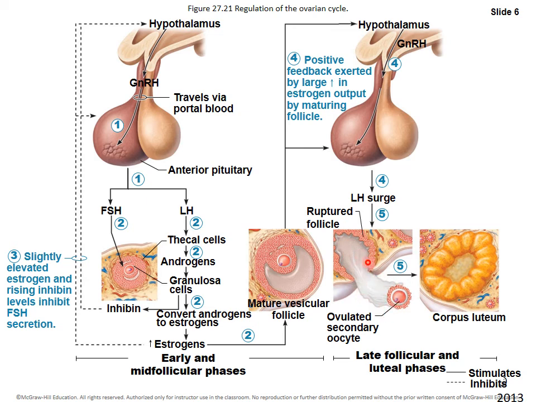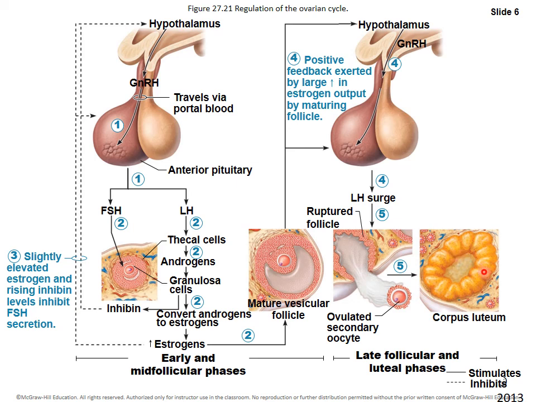And following ovulation, of course, the LH surge also stimulates the ruptured vesicular follicle to convert into a corpus luteum. Again, this corpus luteum for about 8 days will produce high levels of progesterone. Those high levels of progesterone are going to inhibit FSH and LH and prepare the endometrium for implantation in pregnancy.